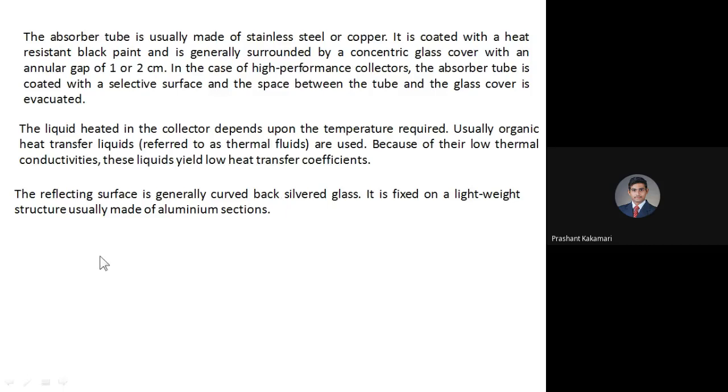It is fixed on a lightweight structure because the tracking system should not be heavy. It should be very light and also very stiff. It should not break easily. So nowadays glass is often reduced because glass has low stiffness and breaks easily. In place of glass, they go for metals with back coating so that some reflection is possible. Life is also long and cost can reduce. It is usually made of aluminum sections so that light weight can be achieved.